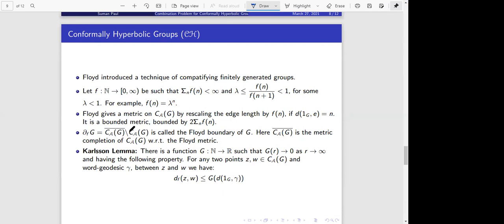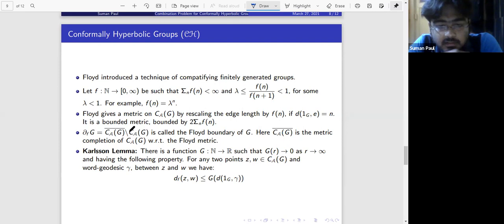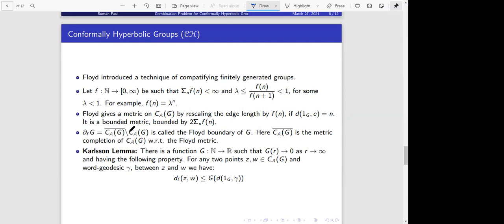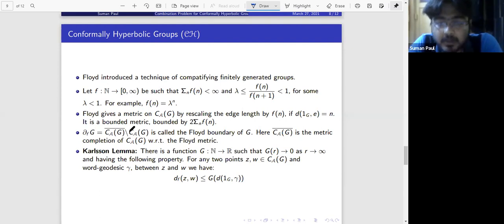So this new metric that Floyd defined depends on this particular f, right? Yes, but the f has to satisfy this condition. That's why there is an f in the notation also.